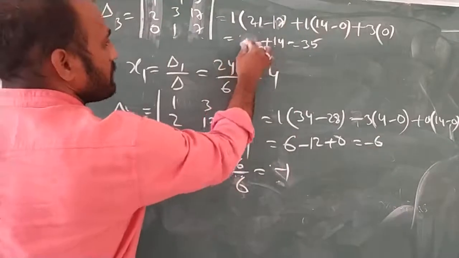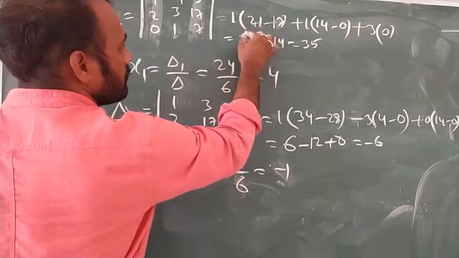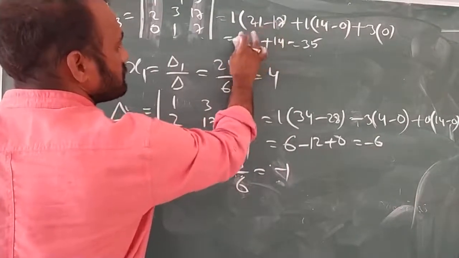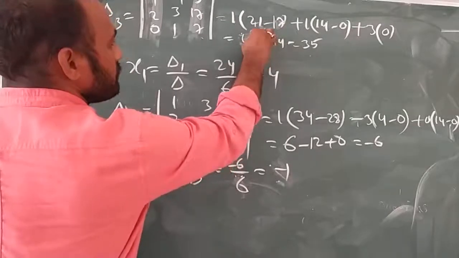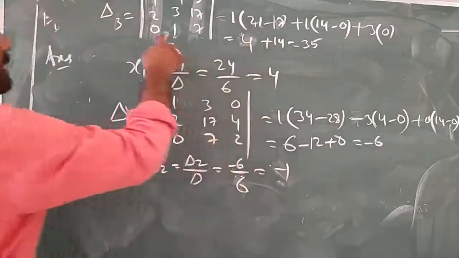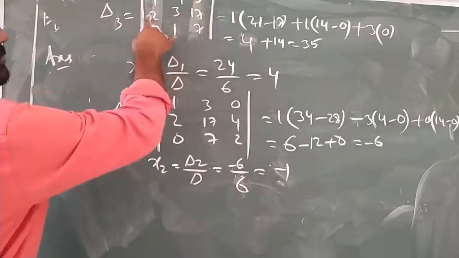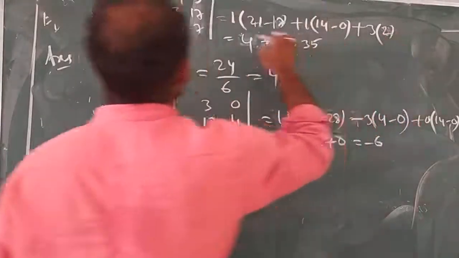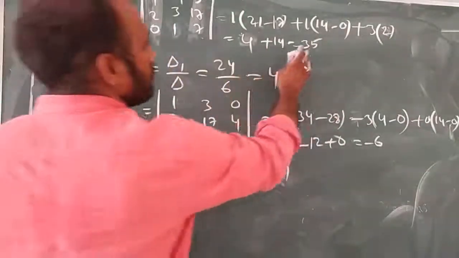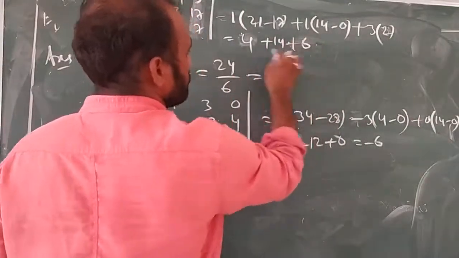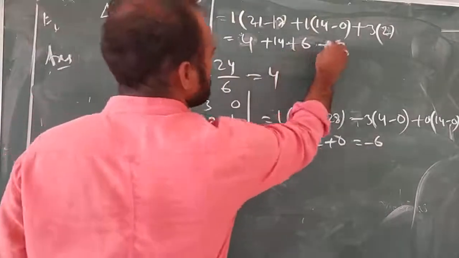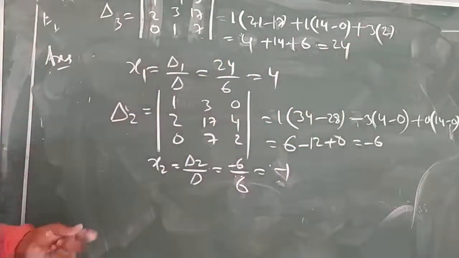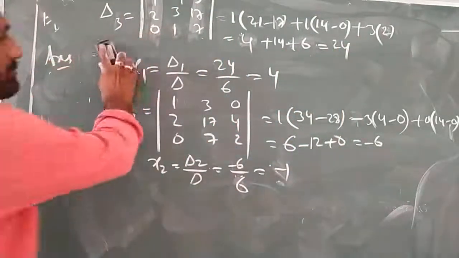So 17 means 4, 21, and if we take this 3, it will be 2, 3 2s are 6, okay. So 14 plus 4, 18 plus 6, 24. So I have taken only the wrong value here, 1. So next x3.